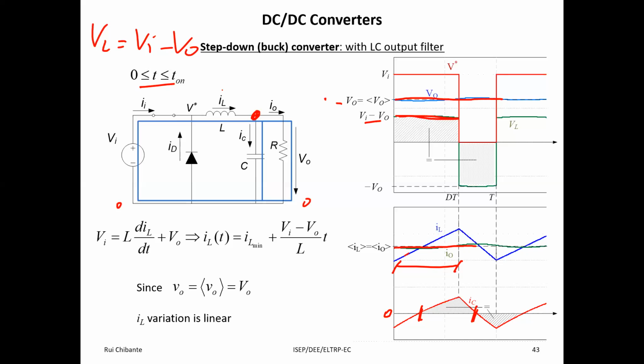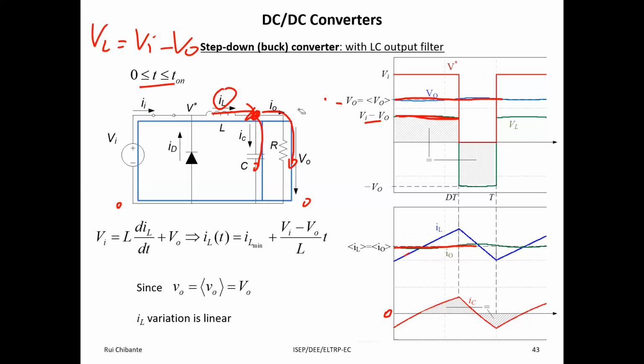So we can say that the DC component of the inductor current that comes to this node goes to the resistor and the AC component goes to the capacitor, which is equivalent to noting that the capacitor current has no DC component. The average value of this current is 0.